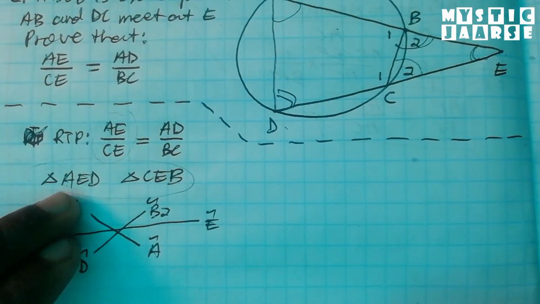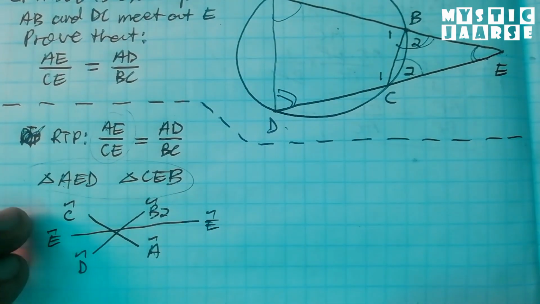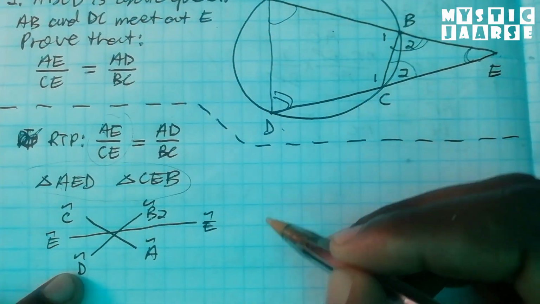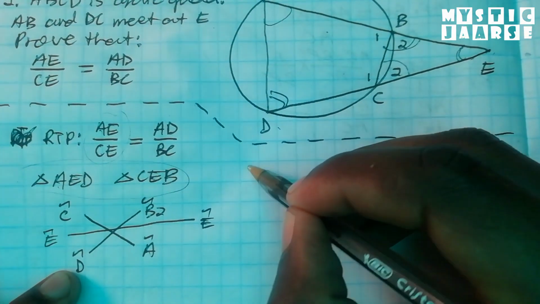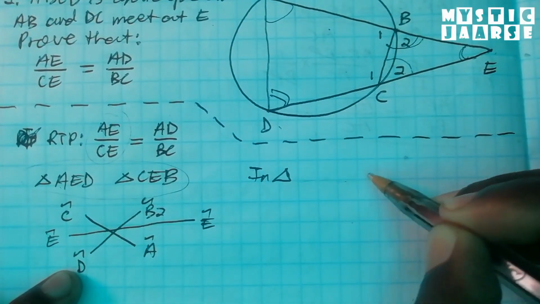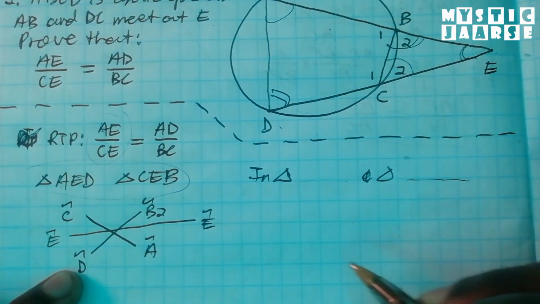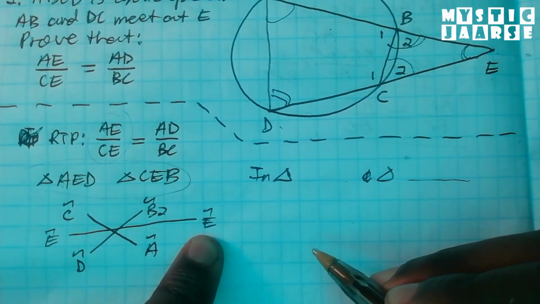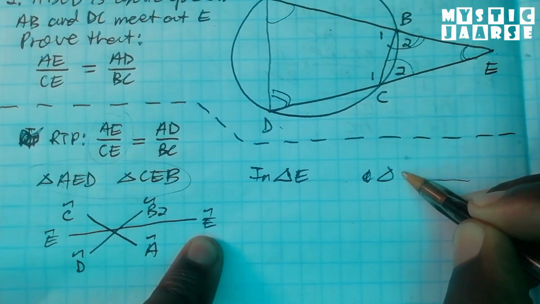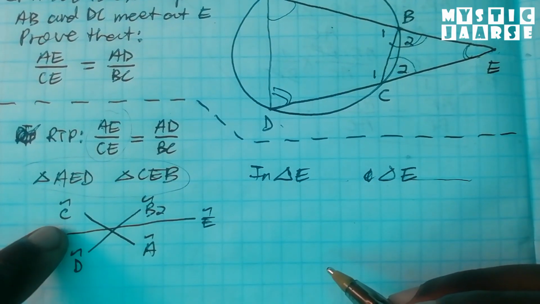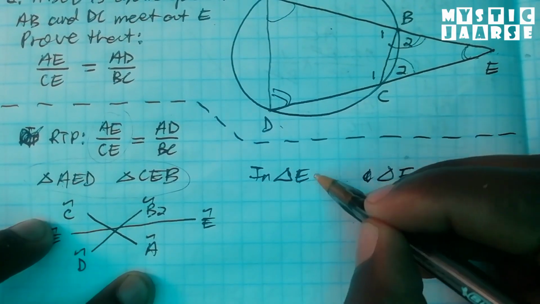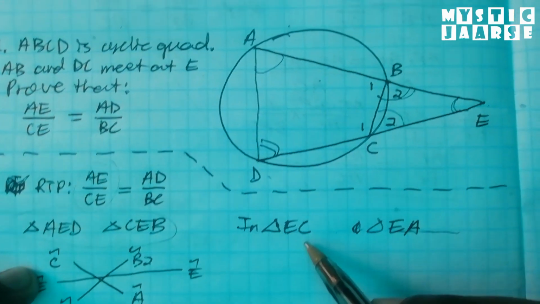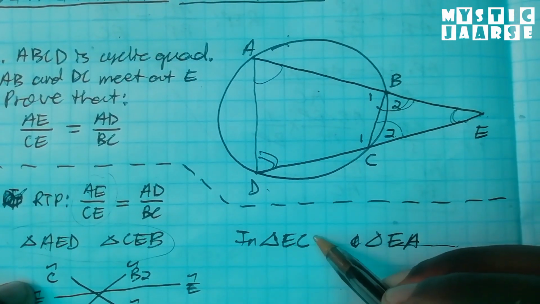So now we can rearrange the letters of our triangles so that their angles correspond, so that we can prove that they are similar. So in triangle something and triangle something, we have angle E corresponding with angle E. So we have E and E. We have C corresponding with A. So we have ECB, right?